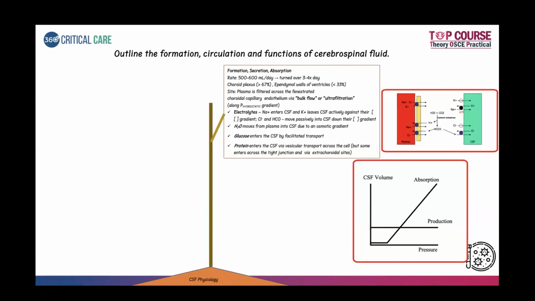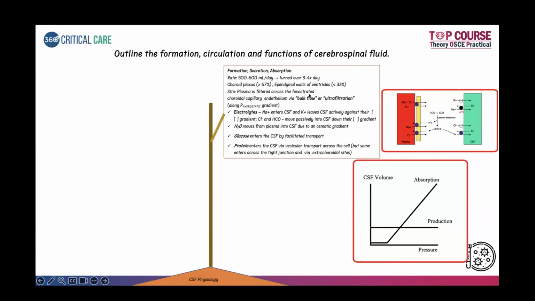Within 8 hours, the whole of the CSF gets changed or circulated through a particular region of the brain. So 3 times a day. Choroid plexus forms around 70%, and the ependymal wall of the ventricles forms around 30% of the CSF.